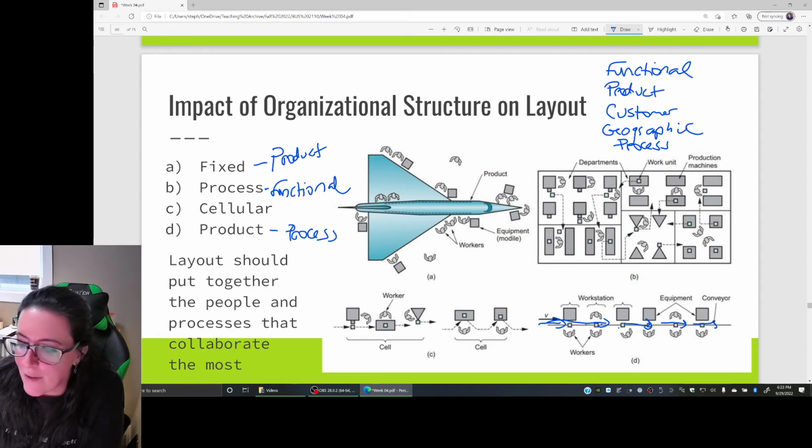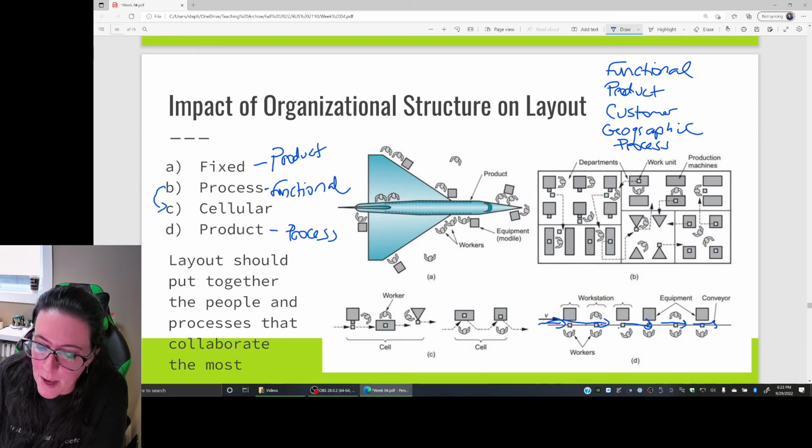The last one we have here in terms of layout is C. It is a cellular layout. And the idea behind the cellular layout is to find the best of process and product layouts and minimize the worst. So the challenge with the process layout is that we have a lot of work in process.